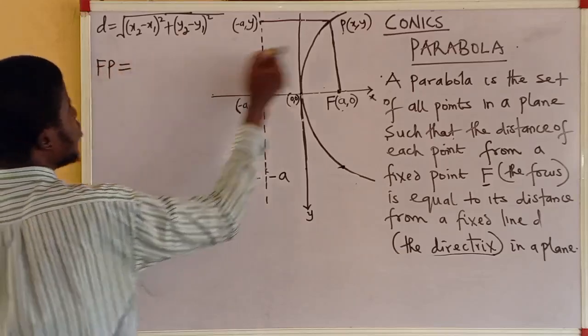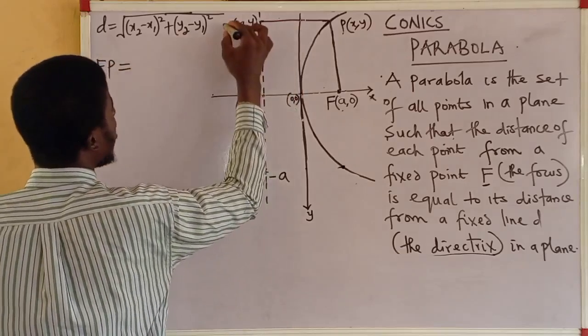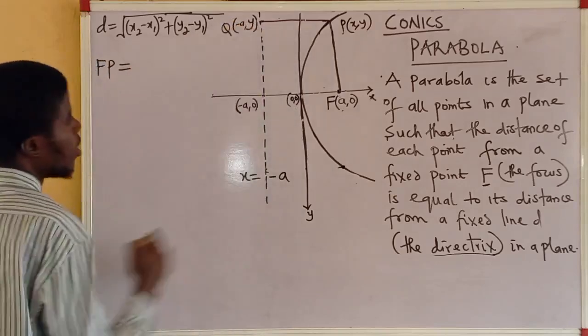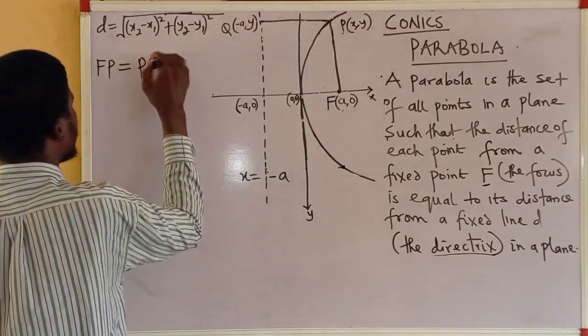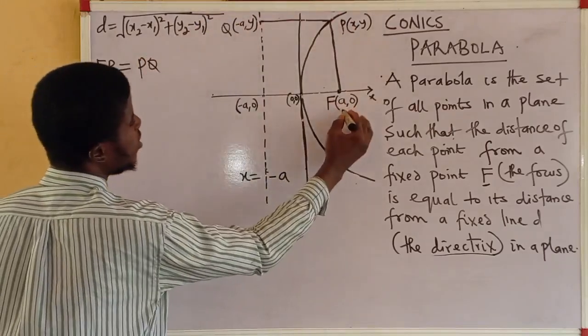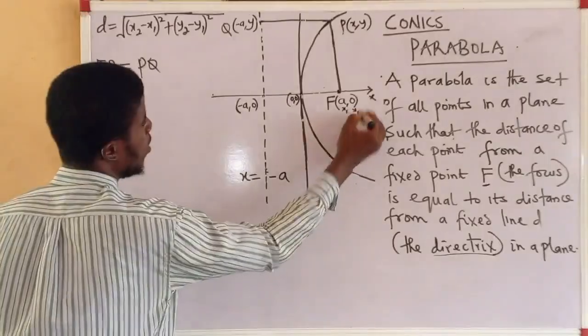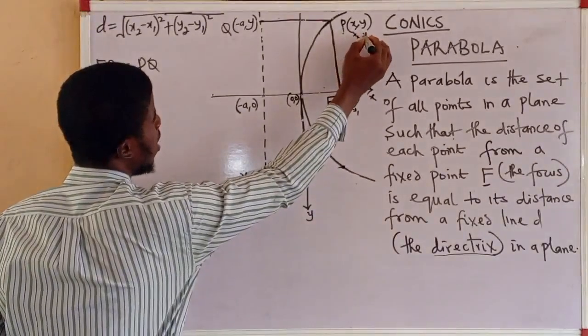Let me label this point as point Q. Let this be x1, y1, and let this be x2, y2.